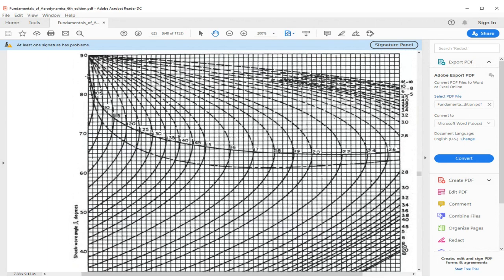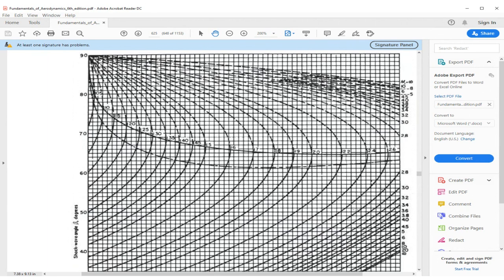So here's the gig. There are actually two kinds of oblique shocks that are possible for any turning angle and Mach number. There's a so-called strong shock solution and a weak shock solution. So what kind of wave angle do you think would be associated with a stronger shock? A higher wave angle or a lower wave angle?